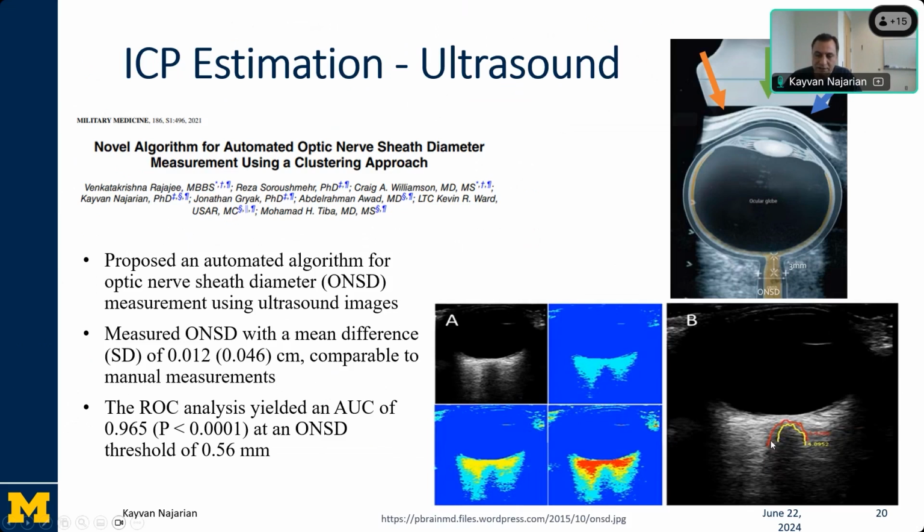We created an algorithm to actually identify the diameter, and we correlated that diameter to ICP, and we found very good correlation, very good AUC of predicting, just estimating ICP based on this automated method of estimating the optic nerve sheath diameter. So that was really good from a computational point of view.